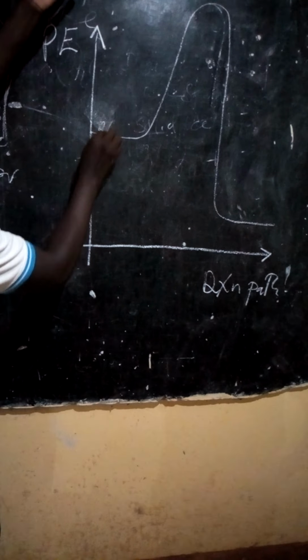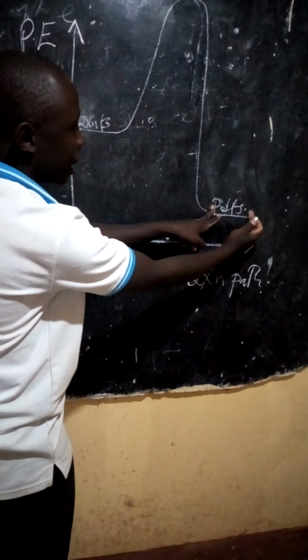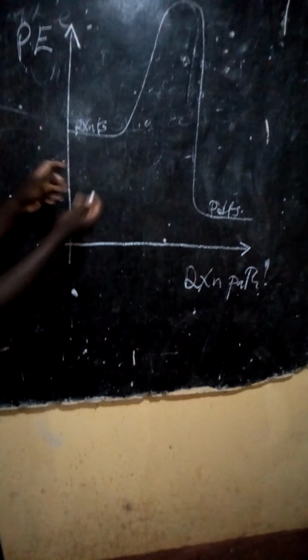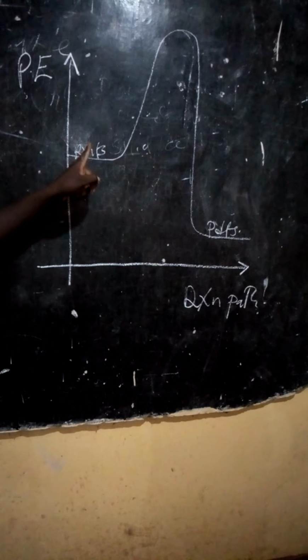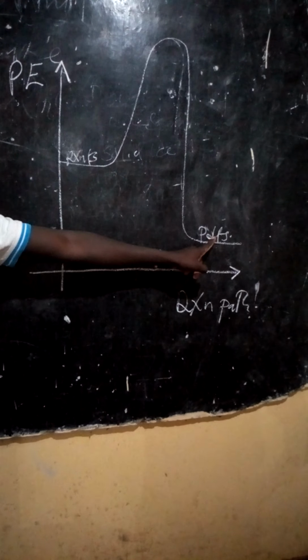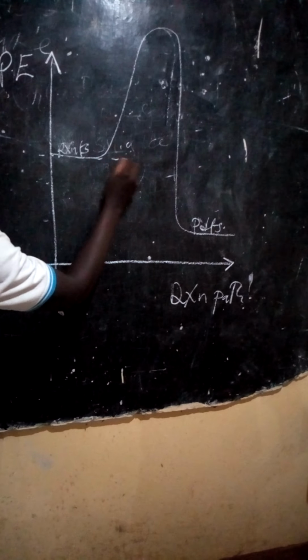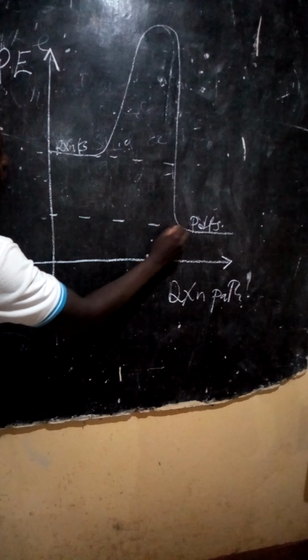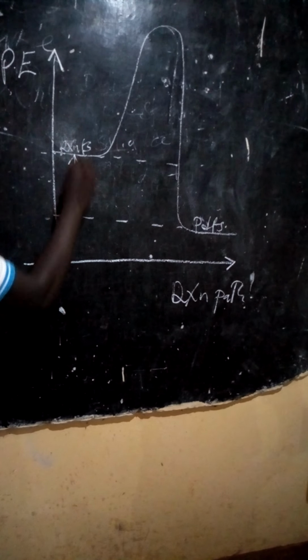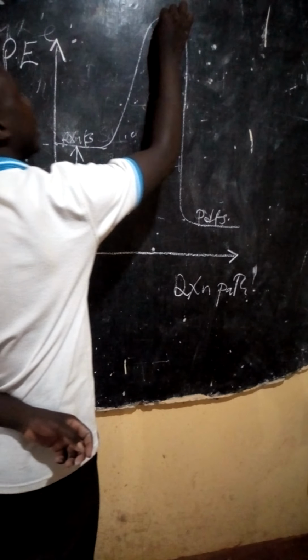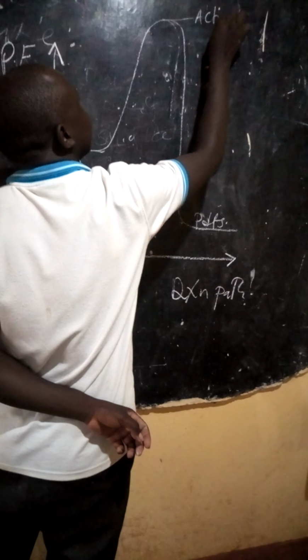This one is the PE. This is the enthalpy of products and this is the enthalpy of reactants. The difference between enthalpies of reactants and products is what we call the enthalpy change. This one here is the enthalpy change. This top here is what we call the activated complex.